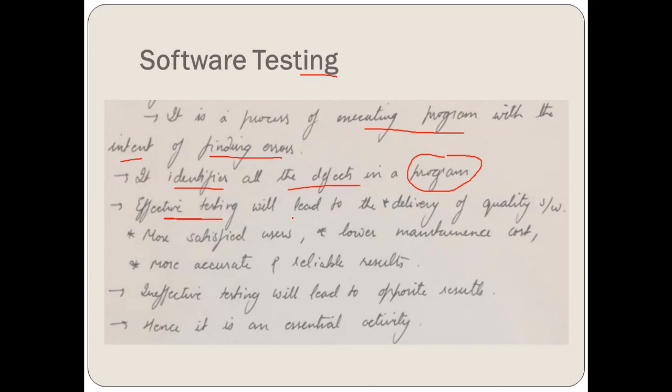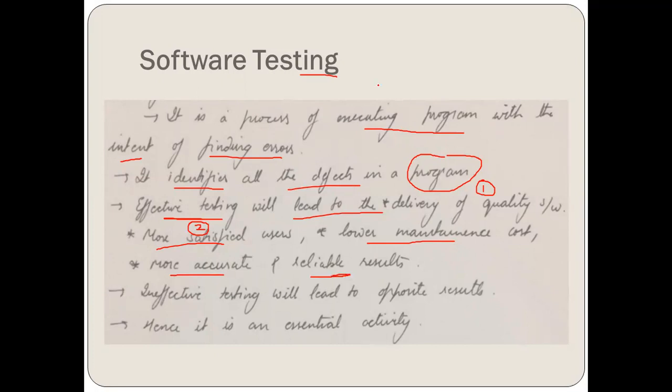So effective testing will lead to 4 points. First point is delivery of quality software. Second point, the users will be more satisfied. Third, it will have low maintenance cost. And fourth, it is going to be a more accurate software, which is a reliable one, right?